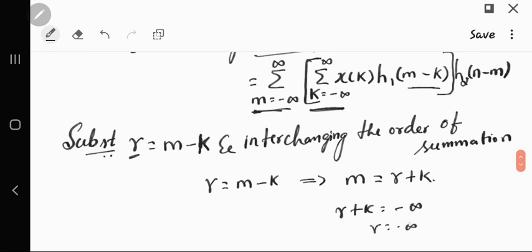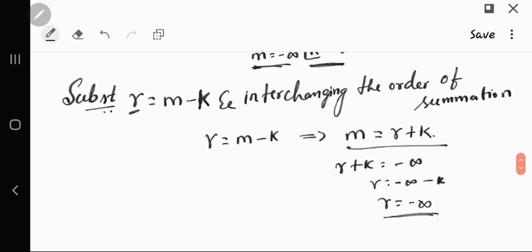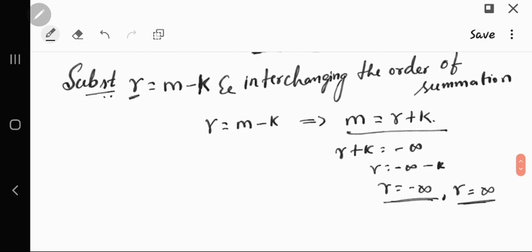So r is equal to minus infinity minus k, that means the limit remains the same. Okay, so I am just showing you once again, and the same happens to the other side. So the lower limit and upper limit will remain the same, r is equal to minus infinity to plus infinity. Okay, this is just for clarification I have written.